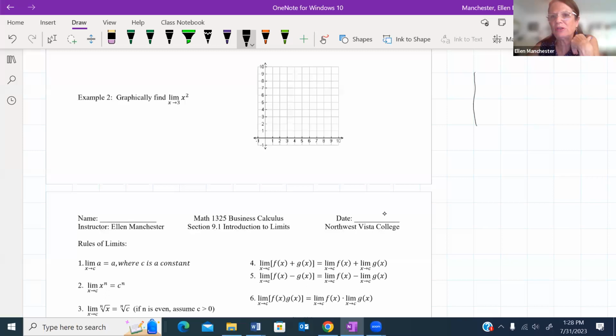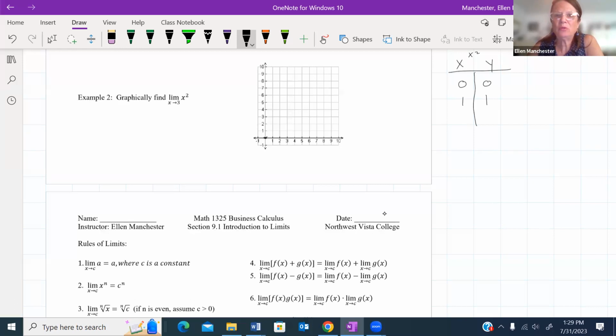So here's your T-chart. We're going to pick values for x, and it will spit out y values. That's that idea of a function. When I plug 0 into x squared, I get 0 squared is 0. So that's my first point. When I plug in 1, I get 1 squared is 1.